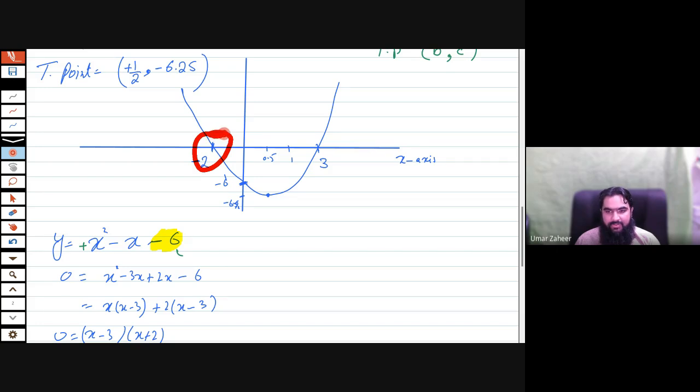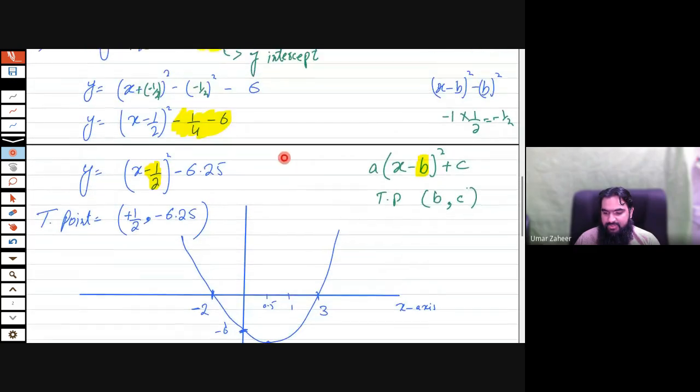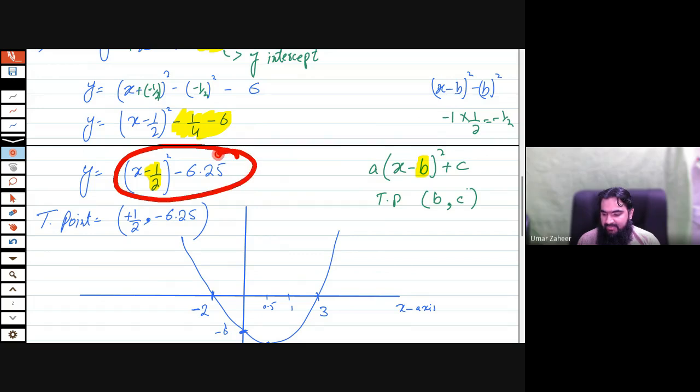It will be a quadratic equation, you need to solve it. The y-intercept you will get directly from the question, that is minus 6. For the turning point, you need to rewrite the equation into the completing square form. After writing this form, then b comma c is basically your turning point.